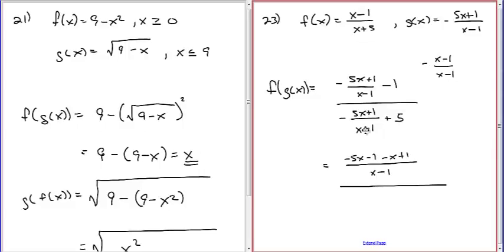And you can do the same thing in the denominator. So we're going to have x minus 1 as the common denominator. And then you'll have negative 5x minus 1, and then you'll have 5 times this number, so it's going to be minus 5x plus 5.